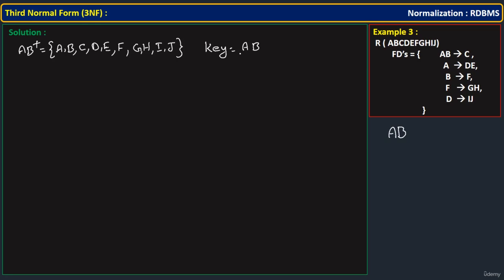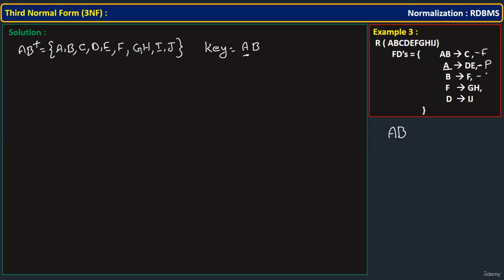Then now check whether it is in second normal form or not. You can see A deriving other attributes here. Yes, this is a full functional dependency, but this is a partial functional dependency, because a part of the primary key, that means a prime attribute, derives non-key attributes.